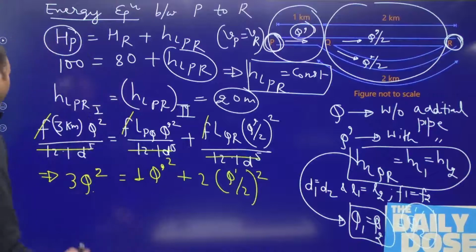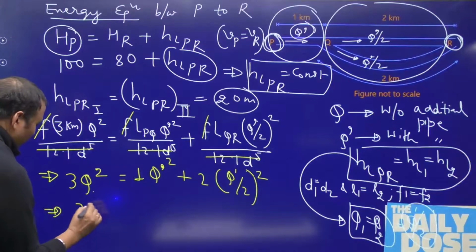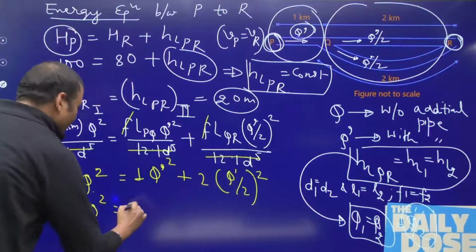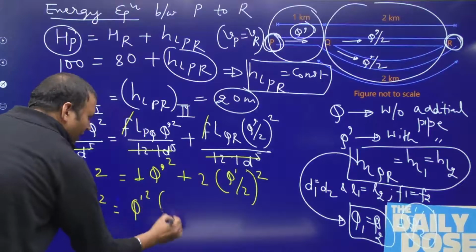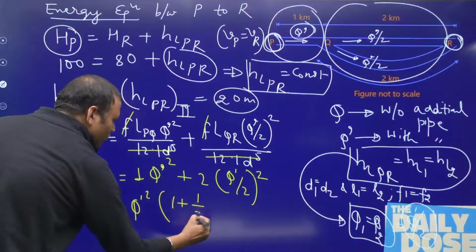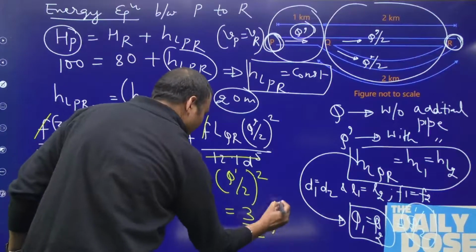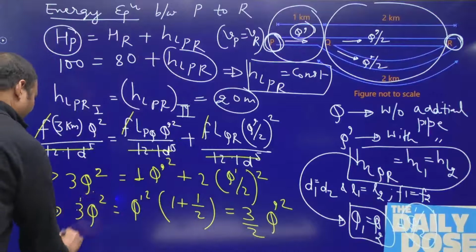Or we can further simplify: 3Q square is equal to Q dash square into 1 plus 1 by 2, that is 3 by 2 Q dash square. 3 and 3 get cancelled out.